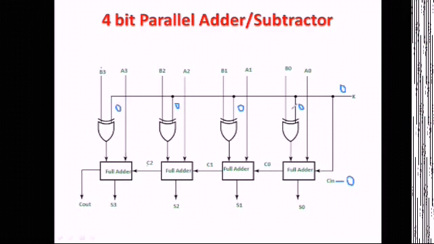Now, already in the previous slide we have seen that when one of the inputs of an XOR gate is 0, then the output will be the true value of the other input. So this output will be equal to B0, and this one will be B1, that is the true value of the second input.